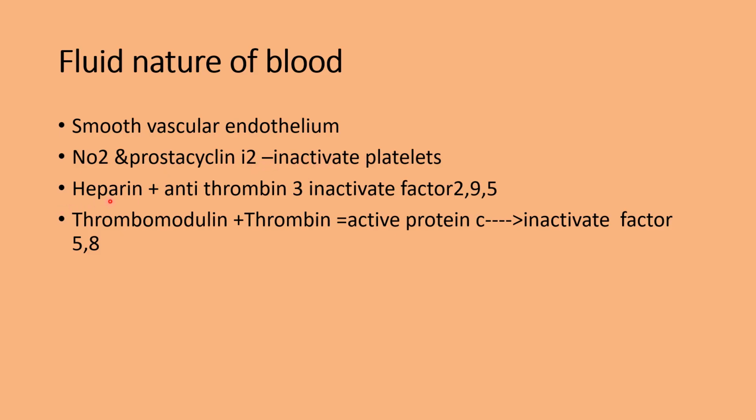Heparin, present in the blood, binds with antithrombin 3 and inactivates factor 10A. Thrombomodulin combined with thrombin activates protein C, which inactivates factors 5 and 8. These are important for maintaining the normal fluid nature of the blood.